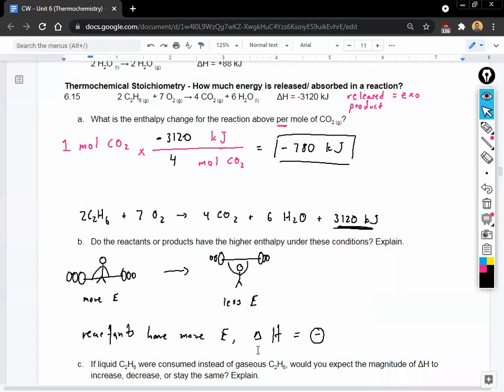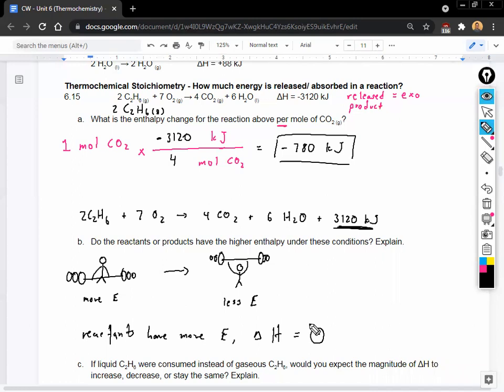All right. And then can you guys see part C on the bottom or on your screen? Just because I want to show you guys this equation while we do this problem. Okay, so if we have liquid ethane instead of gaseous ethane, because if you take a look at it here, we have gas, but let's just say this is liquid. And here you guys kind of have to use creative thinking.